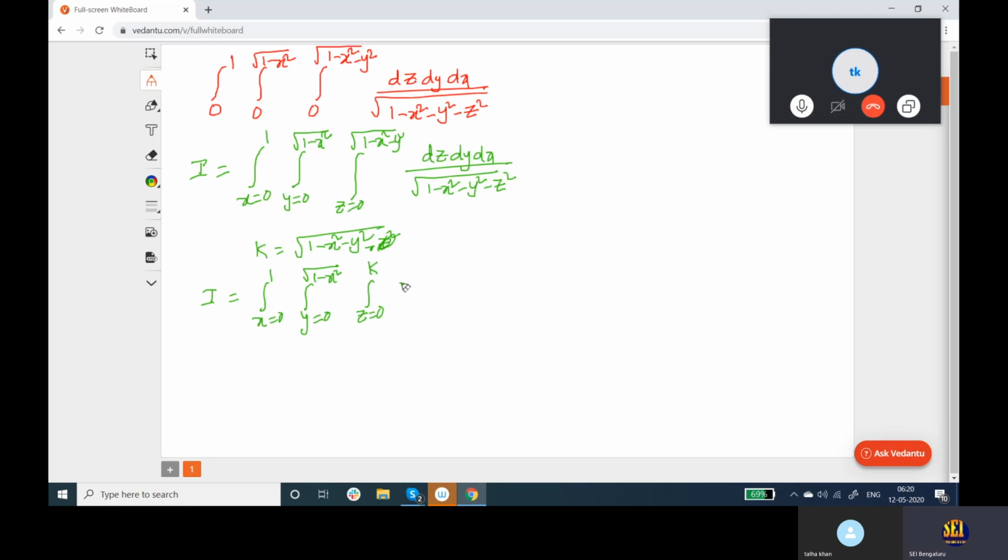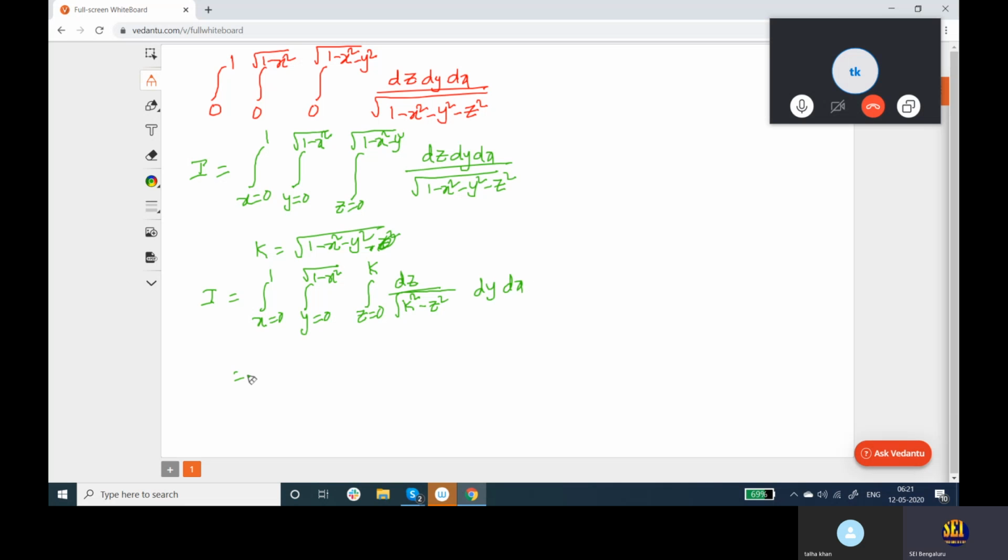So k, and dz by square root of k square minus z square. Okay, so dy dx will come.